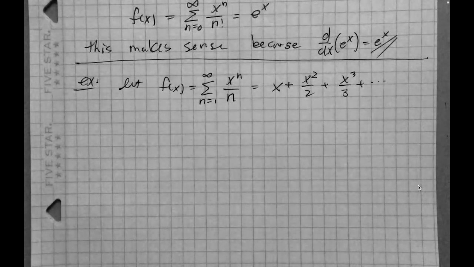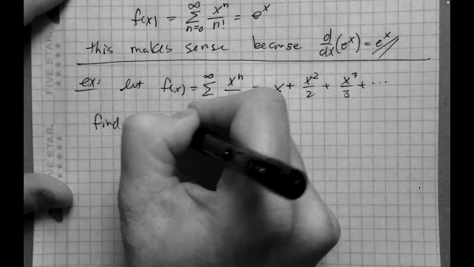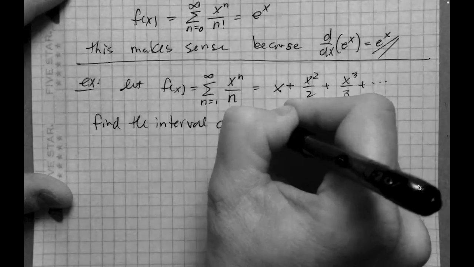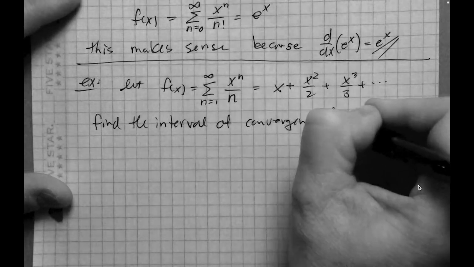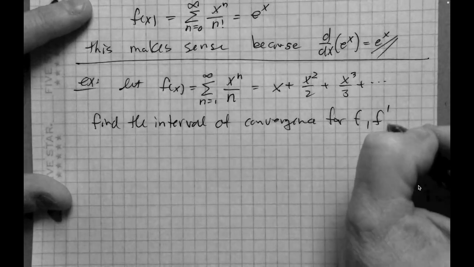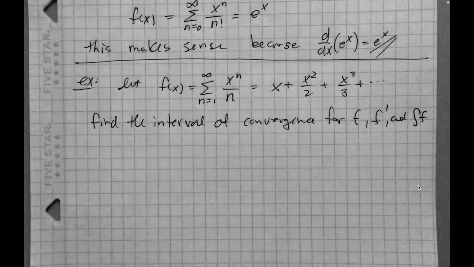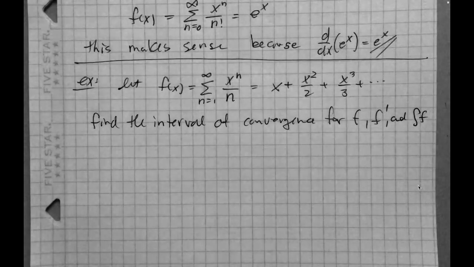What we want to do is find the interval of convergence for f, but also for f prime and the integral of f. The point of this exercise is to see that, at least in this case, the radius can be the same for all three functions, but the endpoints may vary.